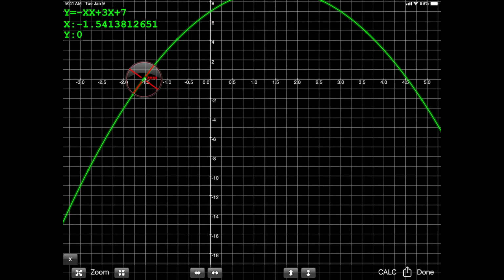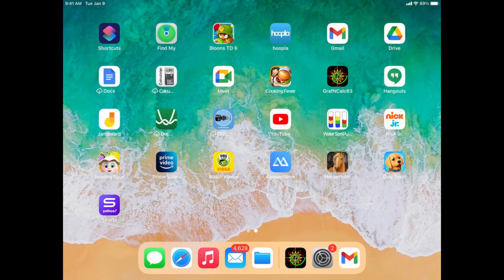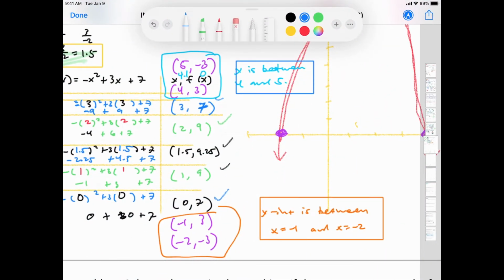It's exactly -1.54. So I knew that it was between -1 and -2. Look over here. This number is between 4 and 5. Okay, so when y equals 0, that's an x-intercept. That is our big idea here. And so what we're doing is we're just estimating them. They'll be between those numbers.